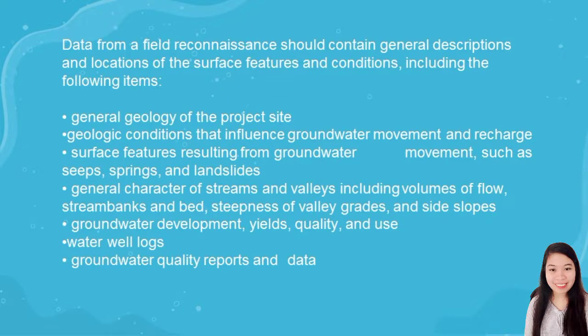Data from a field reconnaissance should contain general description and location of the surface features and conditions, including the following items. General geology of the project, geologic conditions that influence groundwater movement and recharge, surface features resulting from groundwater movement such as seeps, springs, and landslides, general characteristics of stream and valley including the volume of flow, stream banks and bed, steepness of valley grades, and side slopes.